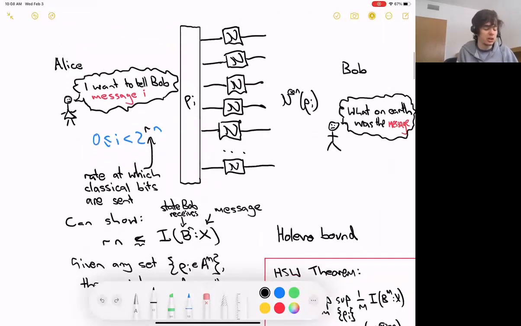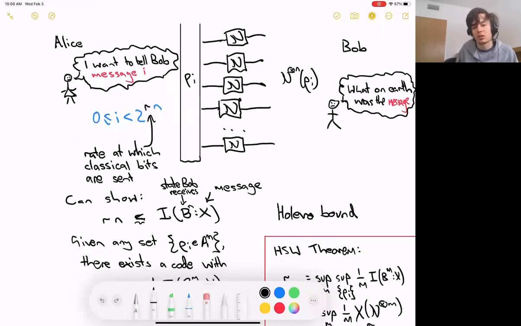And to a large degree, it has obviously been answered. We made a lot of progress in quantum channel theory in the last 20, 30 years.